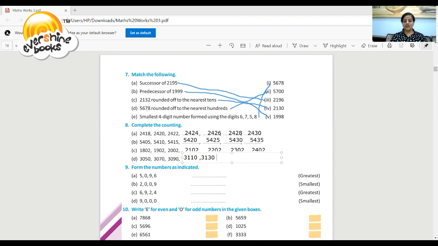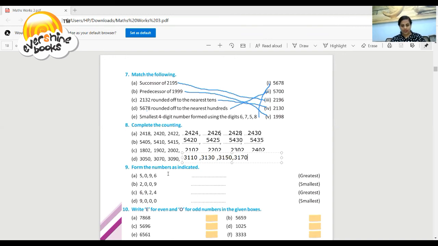We are leaving 20. Next is 3150 because we are leaving 40. 3170 because we are leaving 60. Like this, we have done our pattern also.